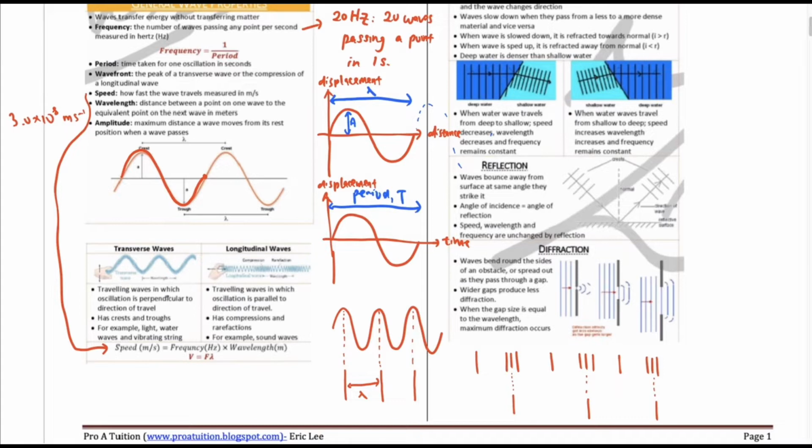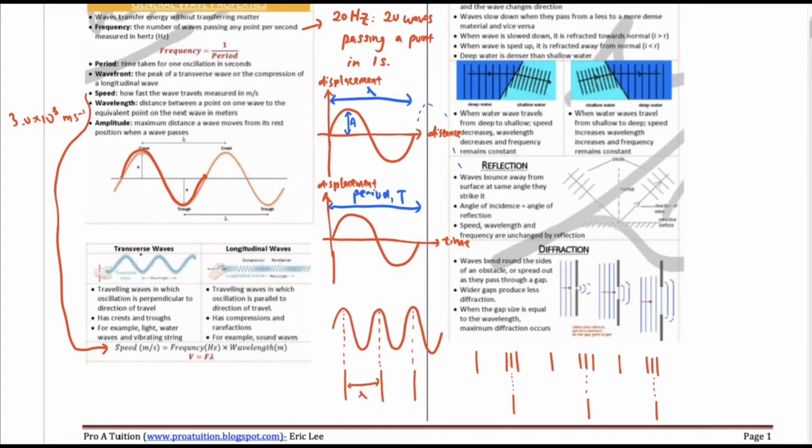Okay, so that's longitudinal wave. Remember the example, sound. Sound waves include ultrasound.